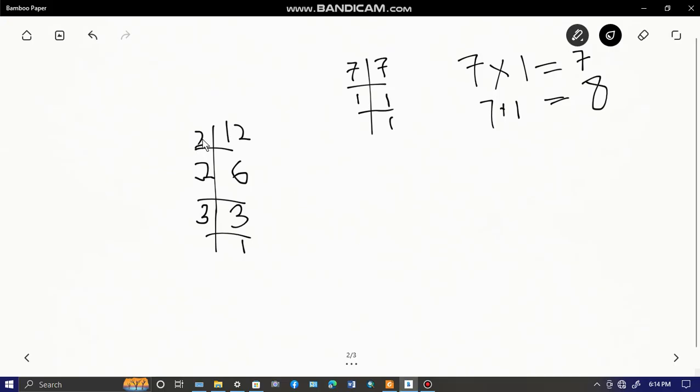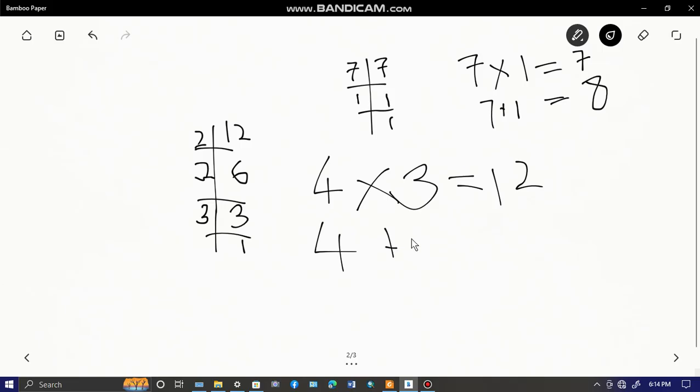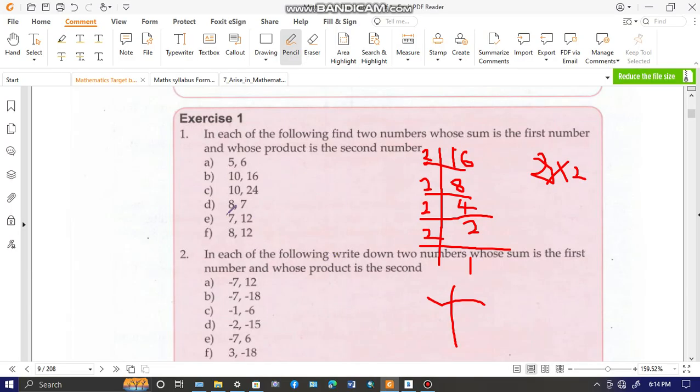Let's look at 2 times 2, that is 4. Then we're remaining with a 3. 4 times 3, does it give us 12? If you check, 4 times 3 is indeed equal to 12. Then 4 plus 3 is equal to 7. So the numbers they are looking for here are 4 and 3.